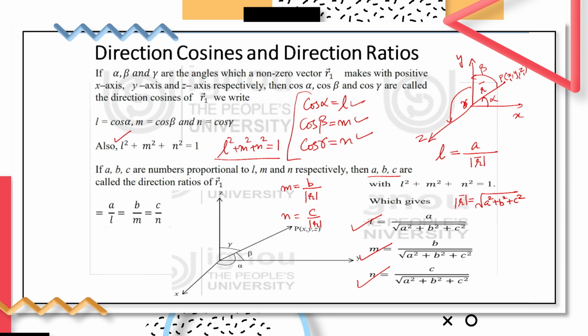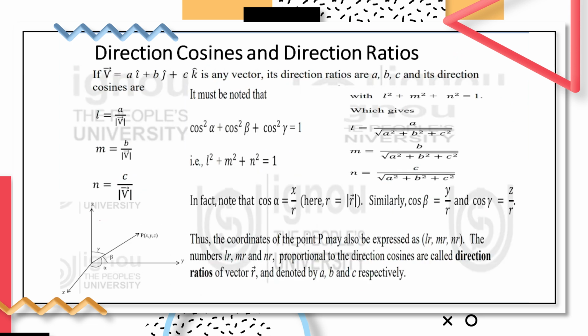And there is one more important relation, that a upon l, that is the ratio of direction ratio and direction cosine, these all are equal.